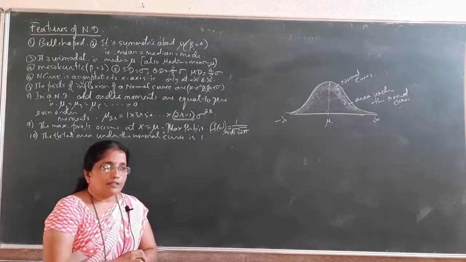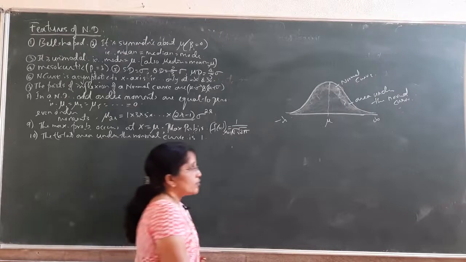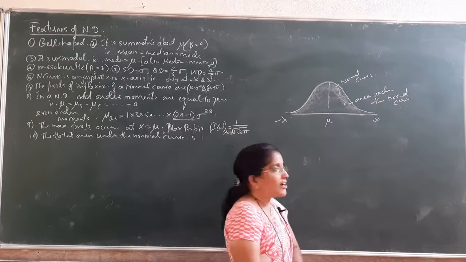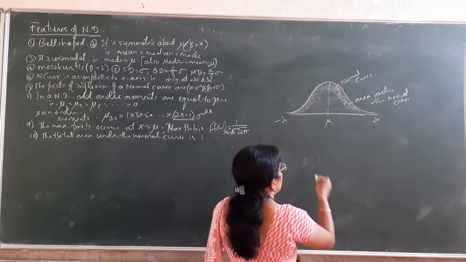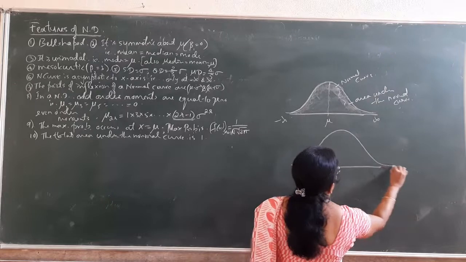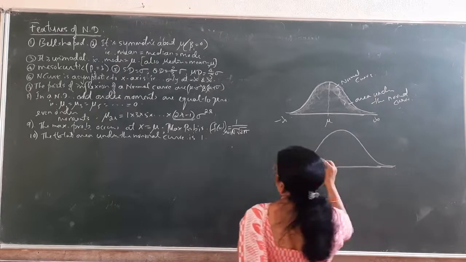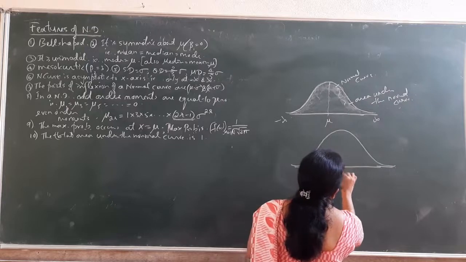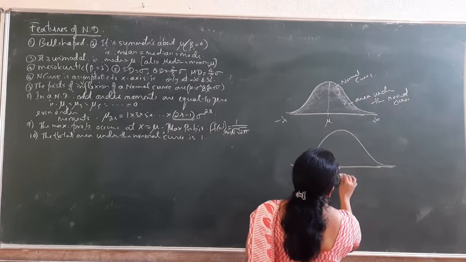Next, we know how to get a normal curve with some specific points. The curve will be like this. Here at the center, I have to write mu, right? This is mu.